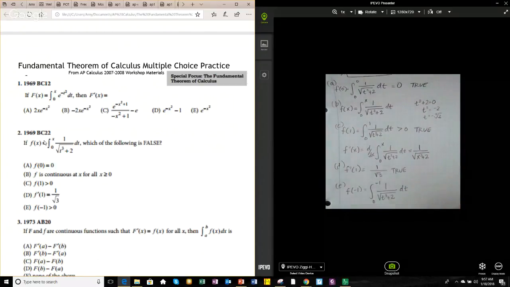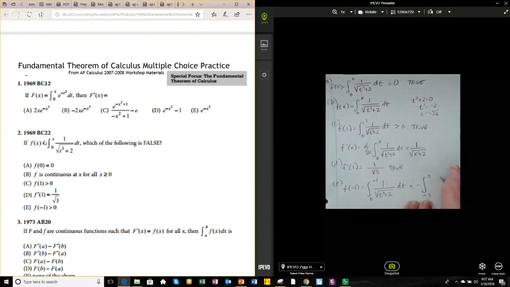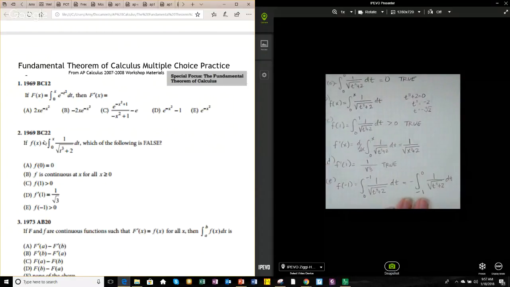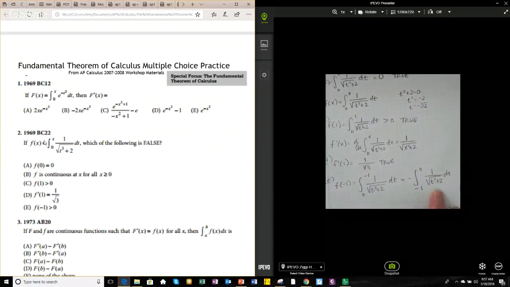Now, that's going to equal negative the area from -1 to 0 of 1 over square root of t cubed plus 2 dt, because we have to flip the sign there. And I think the answer is, this is negative.